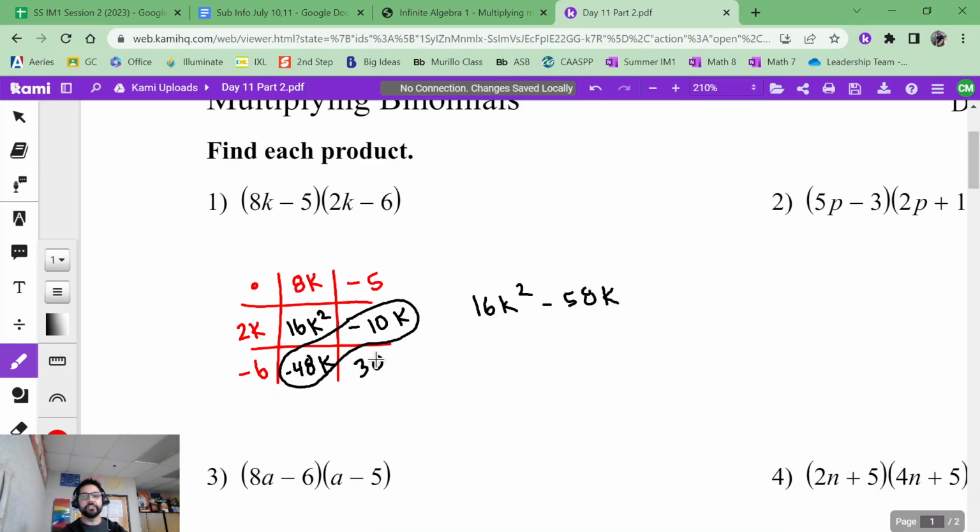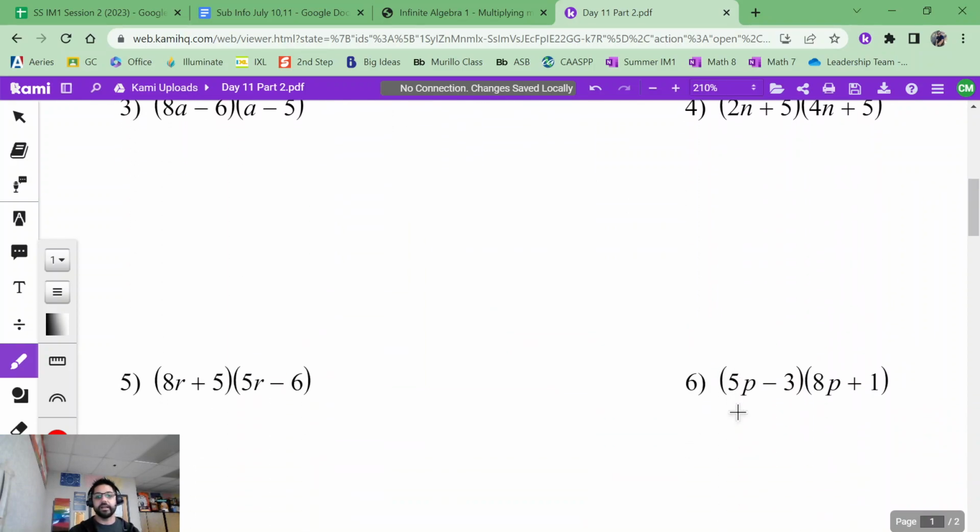And then finally at the back, the 30 is positive, so we're going to do plus 30. So all we do is set it up in a special way. I prefer this over the traditional FOIL method. Do our little bit of multiplication, and then we can combine like terms.